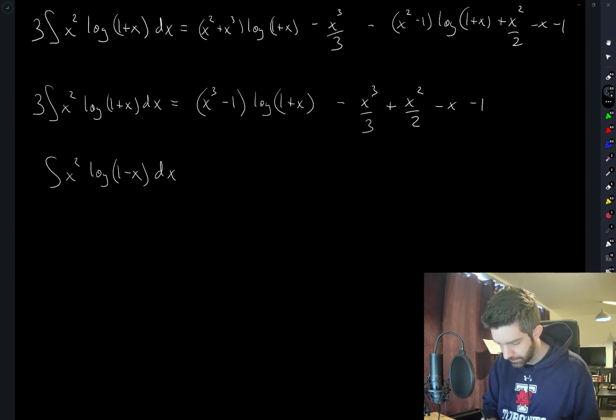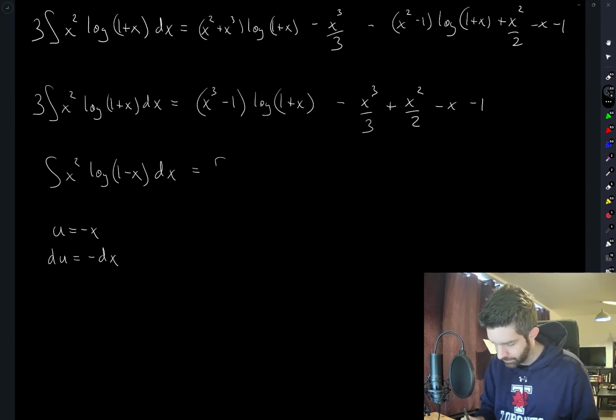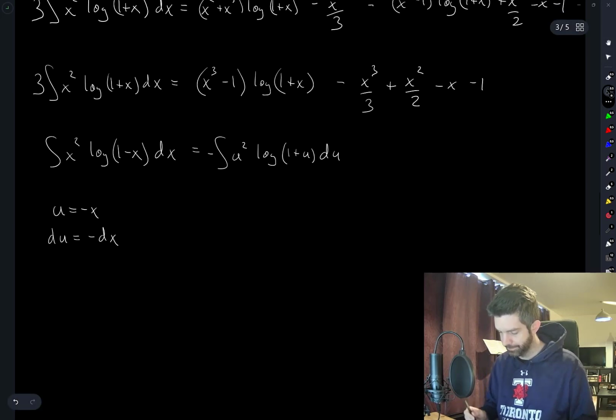Okay, but if I let u equal negative x, du is equal to negative dx. So this is equal to the integral of u squared log 1 plus u du with a negative sign.